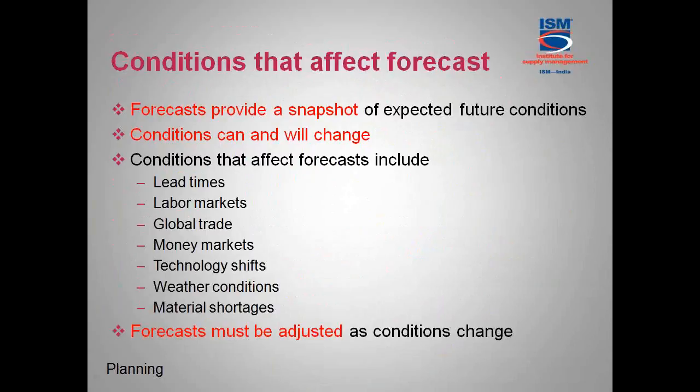If labor is not available at all or is very scarce, then the cost of the product will possibly go up. Global trade, money markets, technology shifts, weather conditions, and material shortage are all commonly seen factors affecting the forecast.